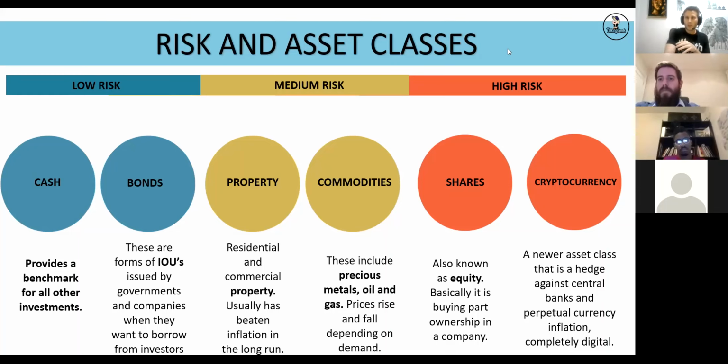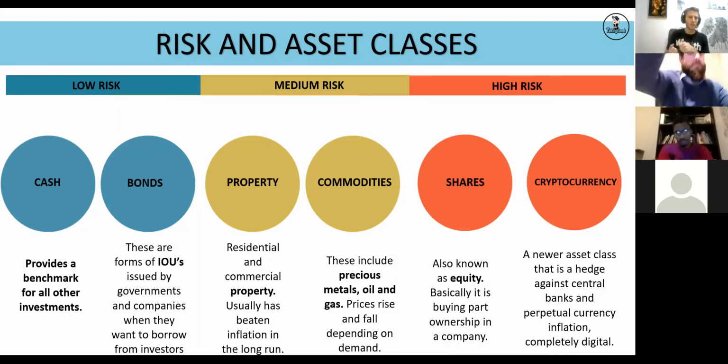The higher risk options are shares and cryptocurrencies. So most of us are probably familiar with shares, equities, stocks. There's numerous names for them. You're basically buying ownership within a company, so you become part owner.